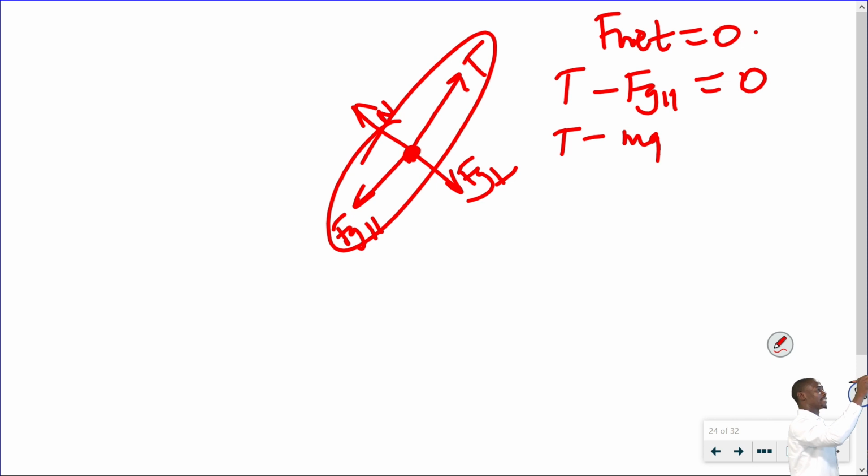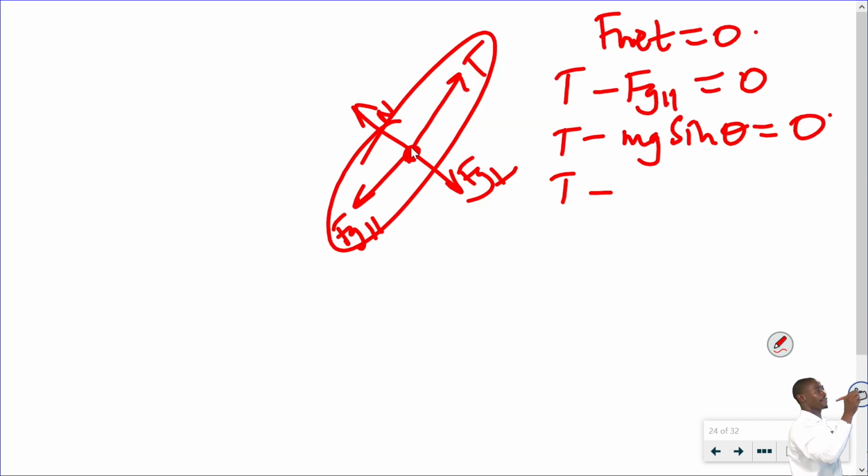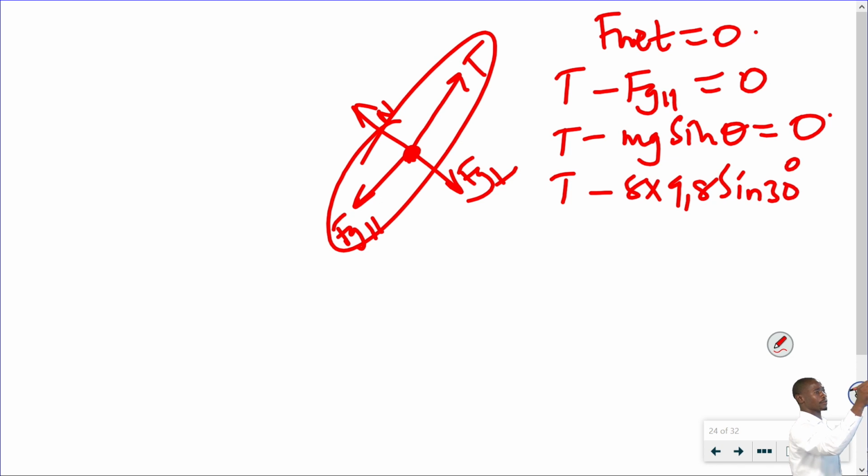Okay. Then, how do we calculate Fg parallel? It is given by Mg sine theta, which is equal to 0. So tension minus M, what is M? It's 8.5 times 9.8 sine the angle of inclination, which is 30, equals 0.